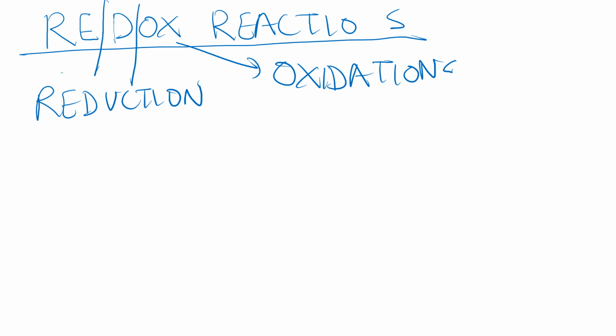Redox reactions are always reactions in which both take place simultaneously. If reduction is happening in the reaction, there must be oxidation, and if oxidation is happening, there must be reduction. So they are complementary reactions, and those reactions are called redox reactions.